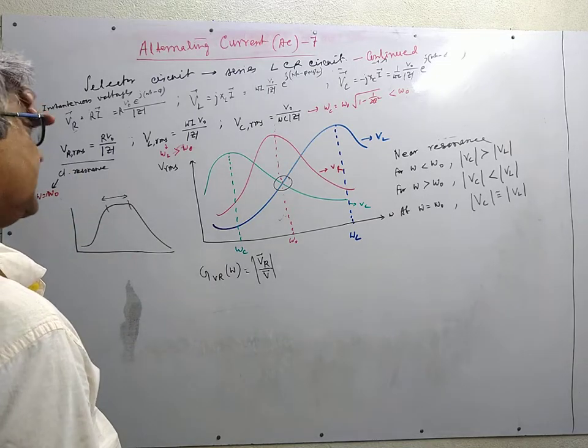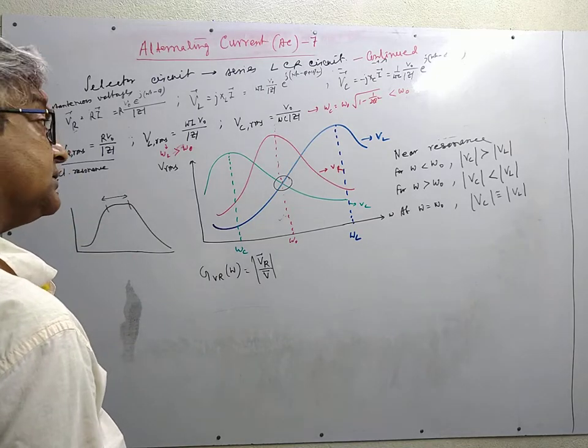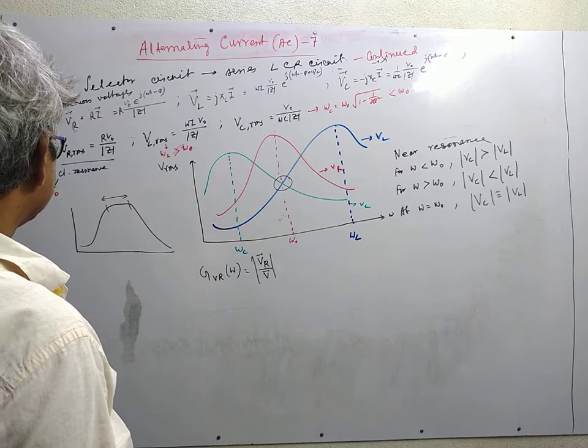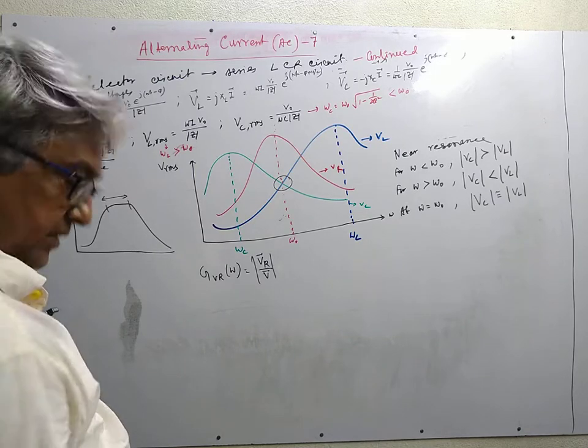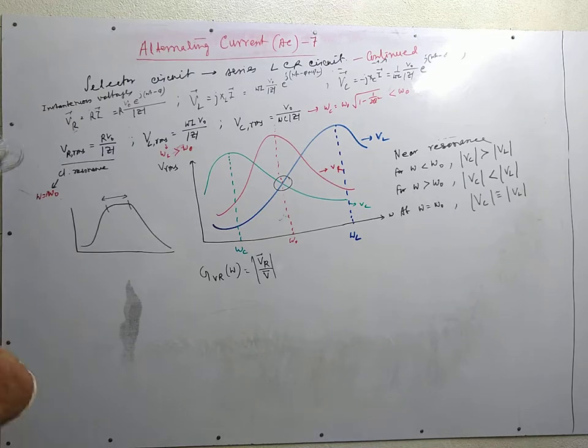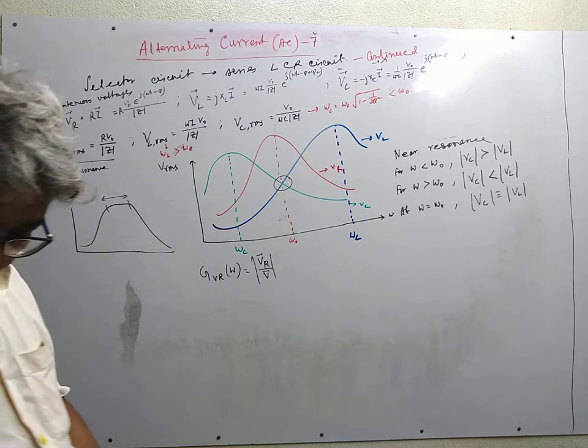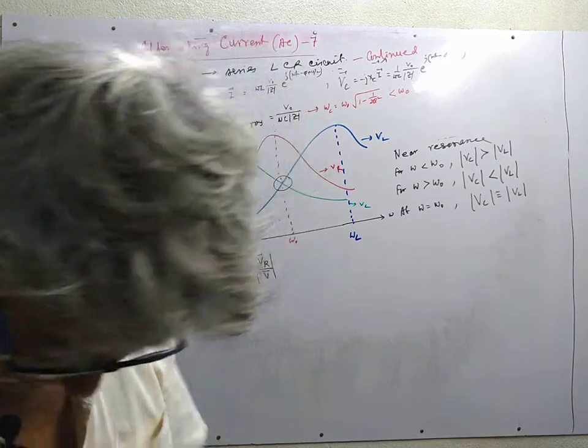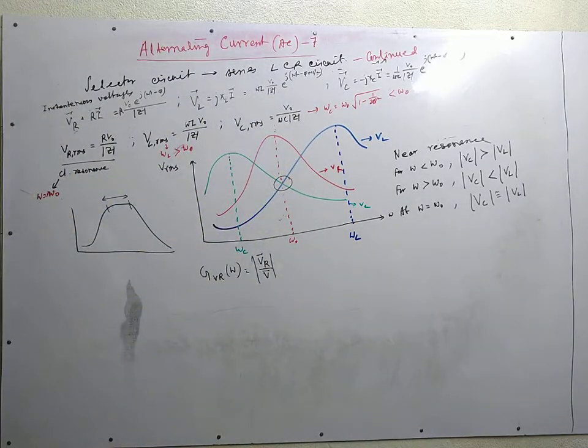That's all with the series resonance circuit. In the next class we shall consider the parallel resonance circuit, that is, when all the three components are connected in parallel. And finally we will end the discussion on LC circuits by discussing what is known as the rejector circuit. This circuit is called an acceptor circuit because it accepts the frequency range in the neighborhood of the resonance frequency and rejects all which are lying away from the resonance frequency.